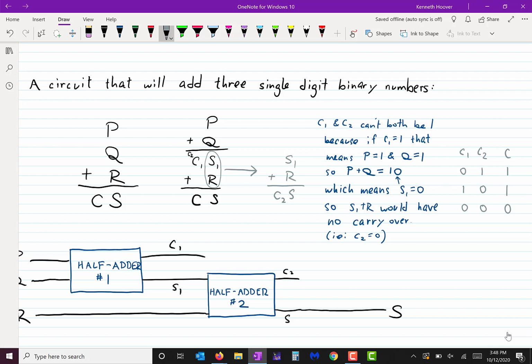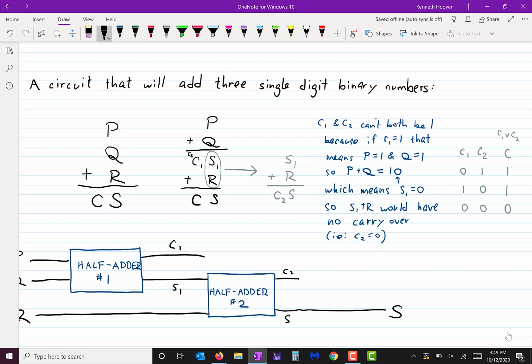What does that look like to you? Doesn't that look like exactly C1 or C2, where we have removed the possibility of them both being 1?